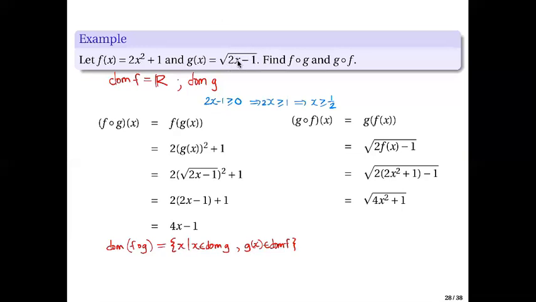You don't want your radicand, your 2x minus 1, to be less than 0. So you need 2x minus 1 must be greater than or equal to 0. Which means the domain of G is the interval 1/2 up to plus infinity.